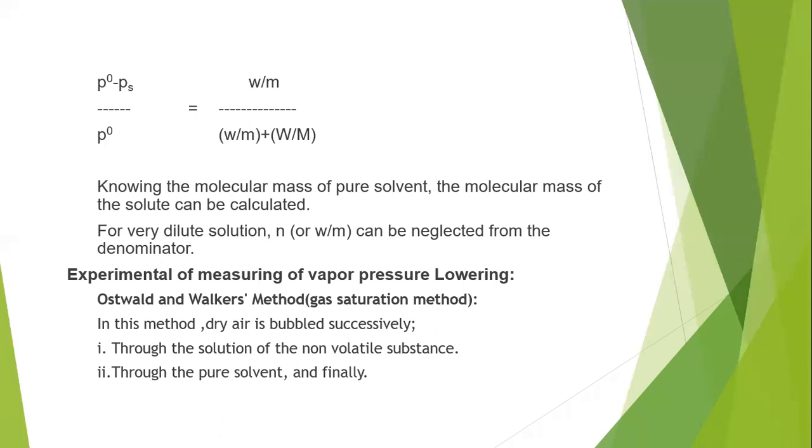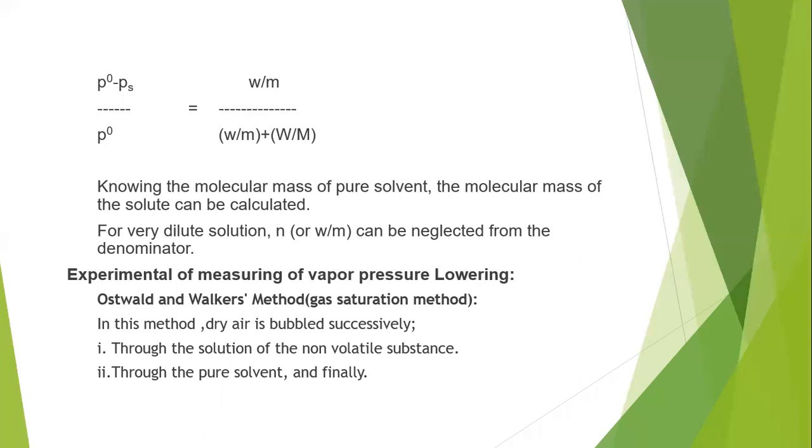Using that equation, once we know the capital M value, capital W value, and small w value, we can easily determine the molecular mass of a solute using the relative lowering of vapor pressure, once we know the weight and molecular mass of the solvent.